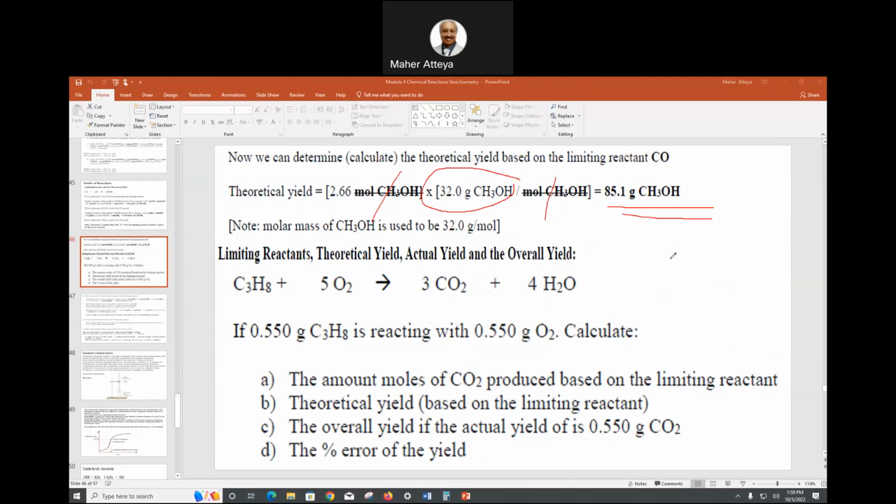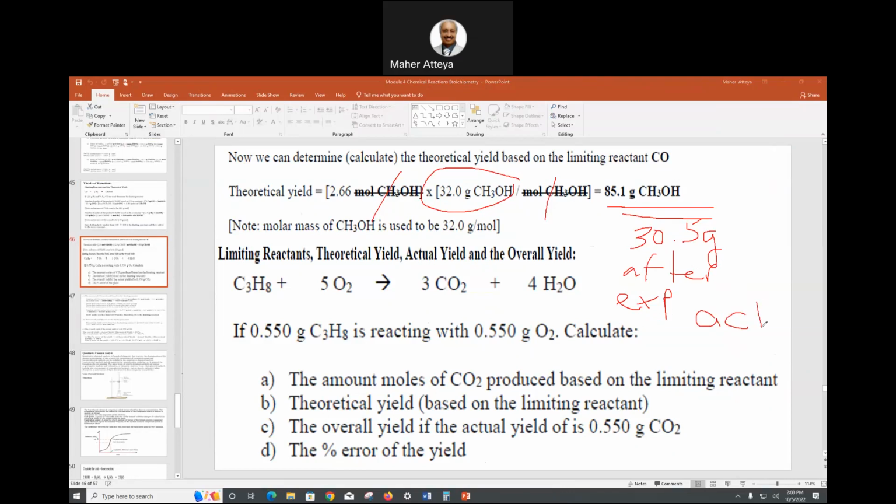Now, if I do an experiment, for example, and suppose I got, after this actual experiment, 30.5 grams. This is after the experiment, correct? So this will be my actual one.